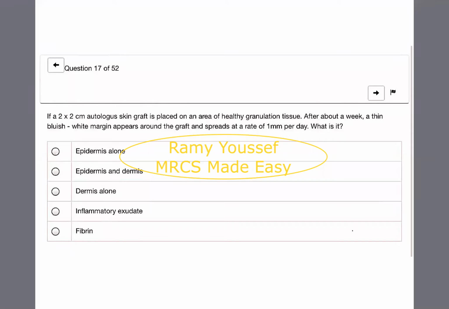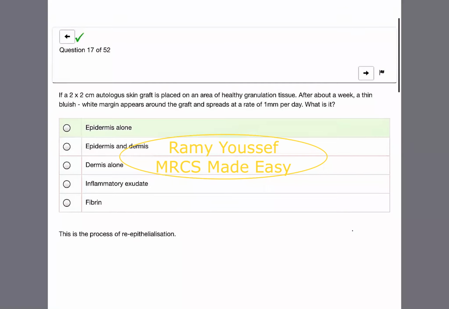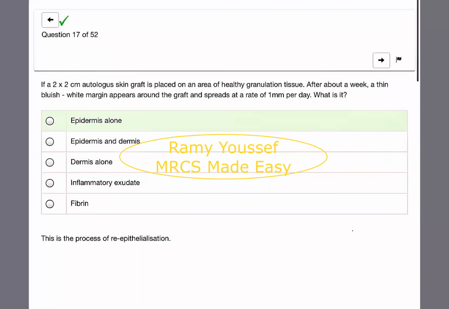So it is epidermis alone. Okay, this is in the graft. The epidermis alone will start to peel at the margins, and this is the start of the re-epithelialization process. Okay, this is re-epithelialization.